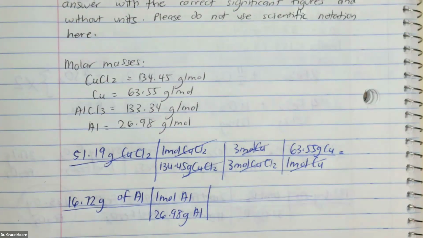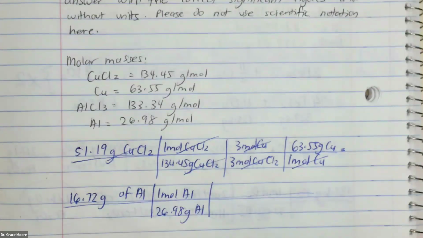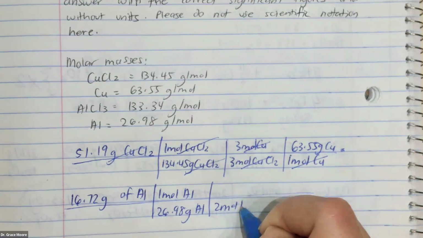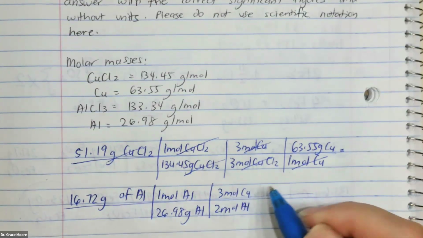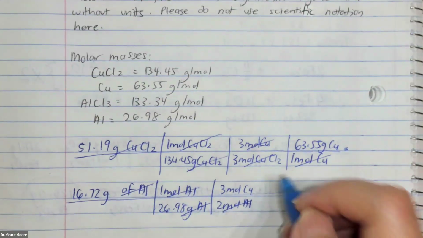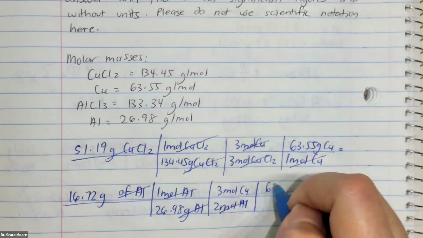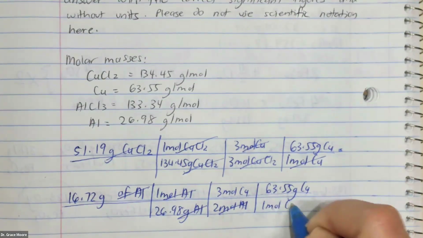And then we'll do the mole to mole ratio. What's the mole to mole ratio? We have to look at the equation. 2 moles of aluminum to 3 moles of copper. So 2 moles of aluminum to cancel off. 3 moles of copper is what we want to get on the top. So we enter in moles of copper. 63.55 grams of copper is to 1 mole of copper.